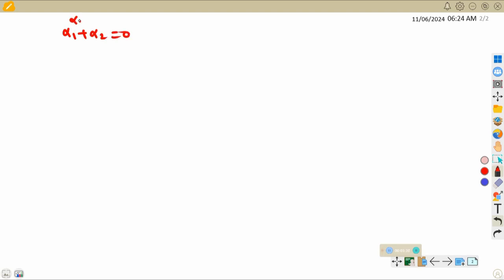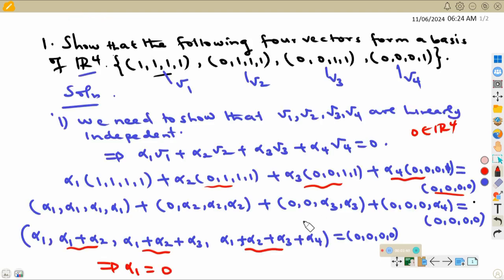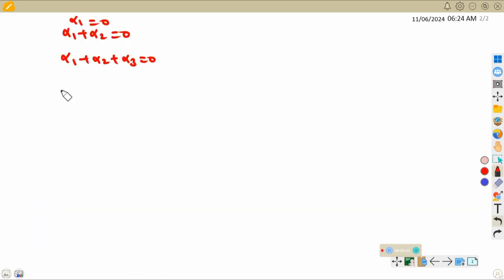We have seen that alpha 1 is equal to 0. Also alpha 1 plus alpha 2 plus alpha 3 will be equal to 0. And lastly, we shall have alpha 1 plus alpha 2 plus alpha 3 plus alpha 4 is also equal to 0.